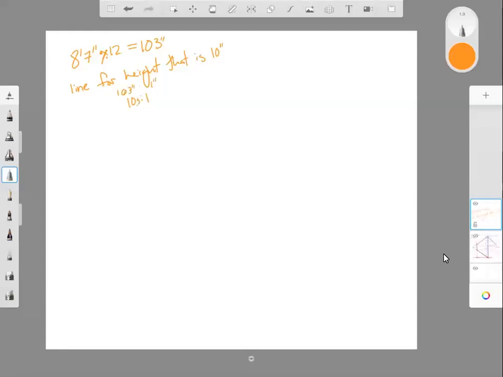So for every 1 inch now, it equals 10.3 inches on the bus stop. Okay, and then we said that the height is 8 foot 7.